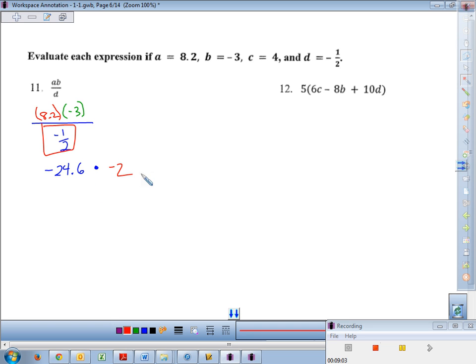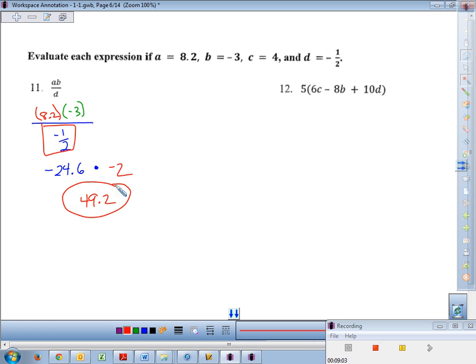Watch those signs. We're so used to opposite reciprocal because of perpendicular lines and stuff. We just, oh my gosh, I'm always taking the opposite reciprocal. It's just the reciprocal. So I got a negative times a negative. What will that turn out to be? Definitely positive. 24.6 times 2 is 49.2. And please circle your final answer.